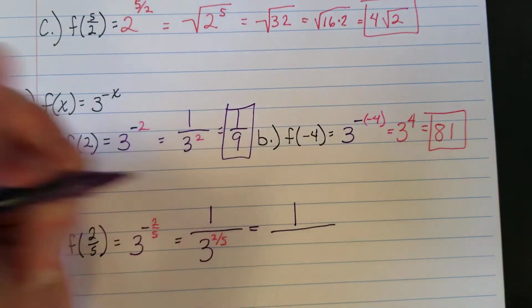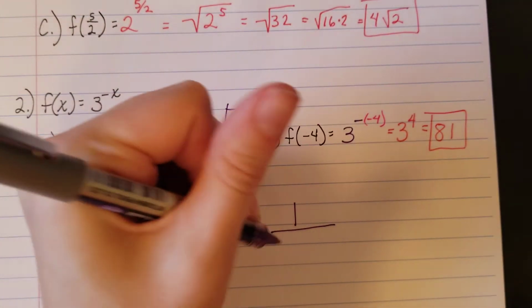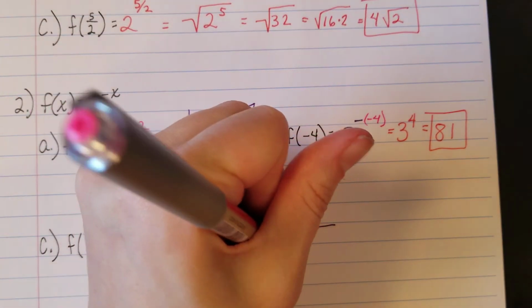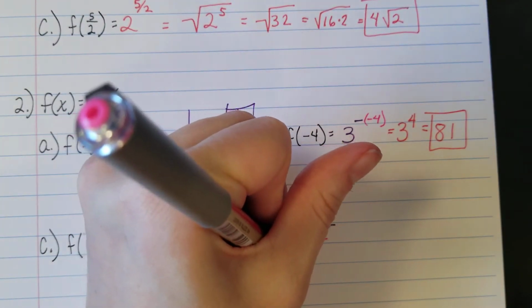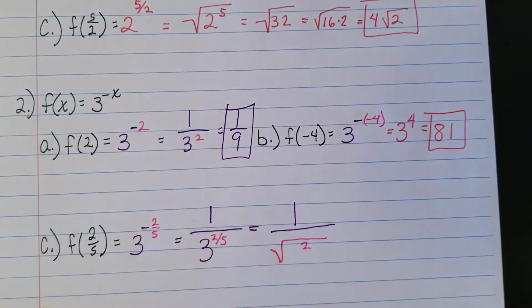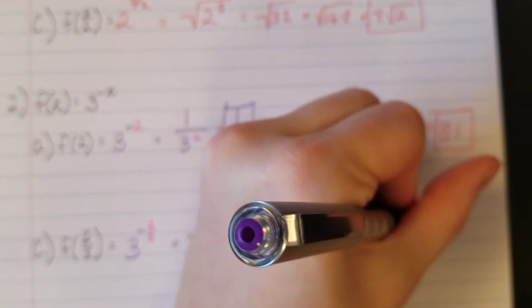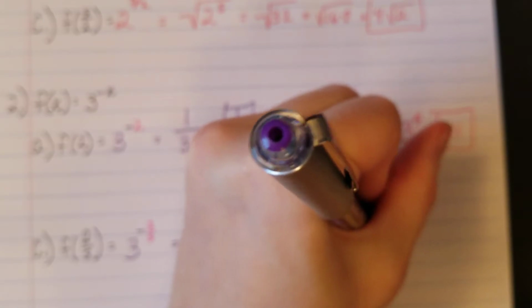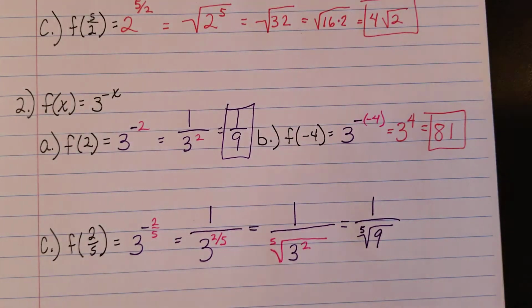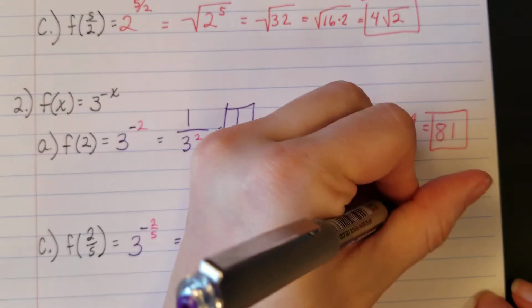So then that would be 1 over the 5th root of 3 squared. So that would be 1 over the 5th root of 9. All right, and I'm just going to leave it at that.